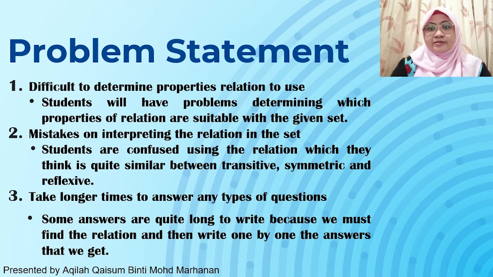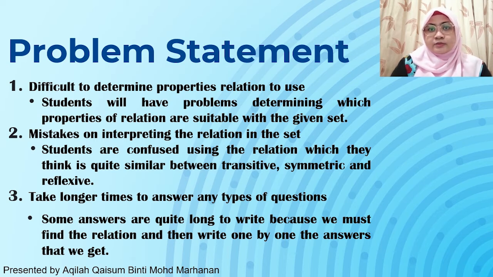There are three problem statements here. The first one: difficult to determine which properties of relation to use. Students will have problems determining which properties of relation are suitable for the given set. The second one is mistakes in interpreting the relation in the set.